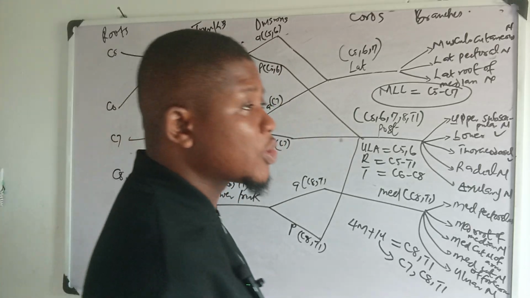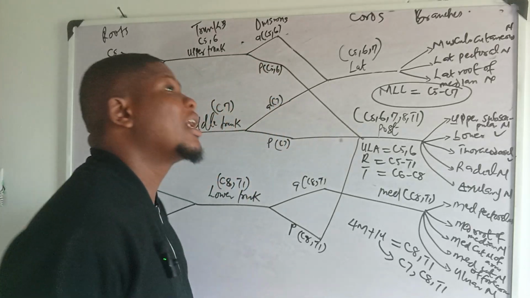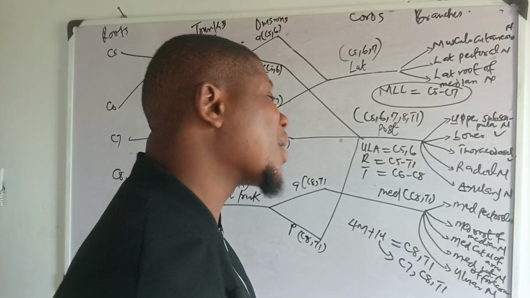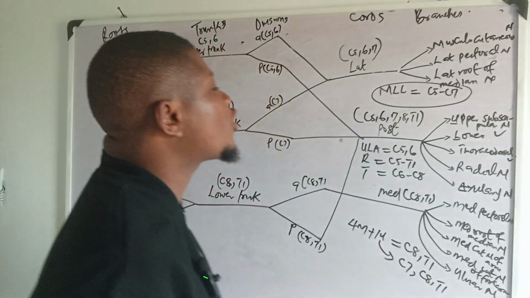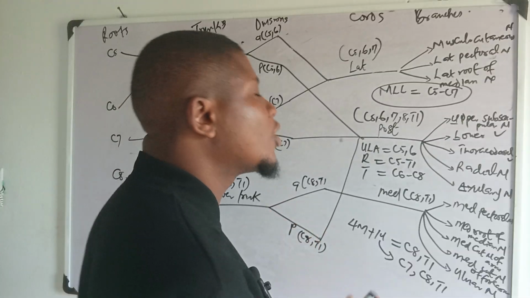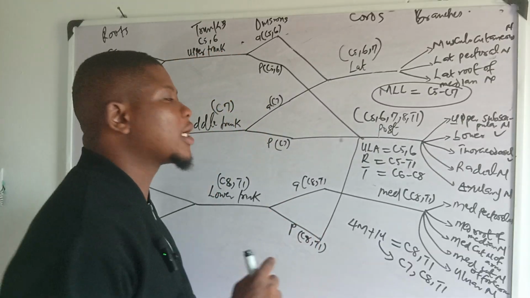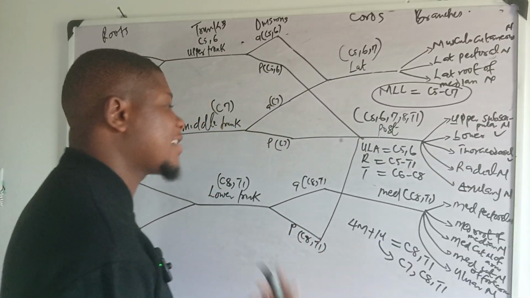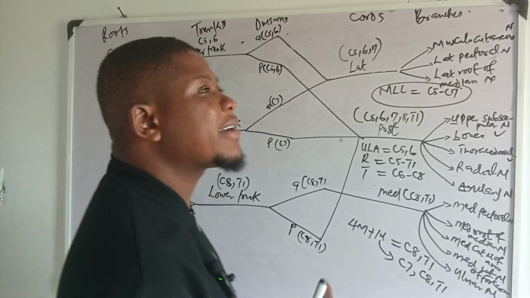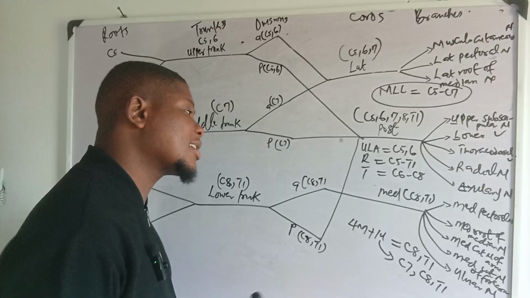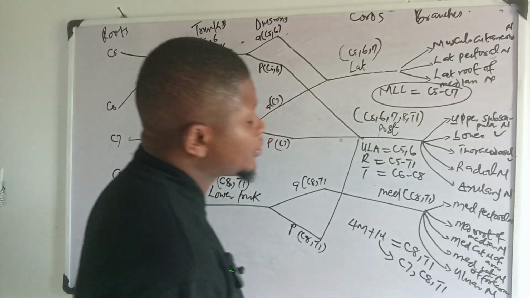All the branches of the medial cord have the same nerve root, C8, T1, except one that has C7 in addition. For the posterior cord, just know that ULA, that is the upper subscapular nerve, lower subscapular nerve, and axillary nerve, the circumflex nerve, have C5, C6. The radial nerve has all of them, C5 to T1, making it the largest.